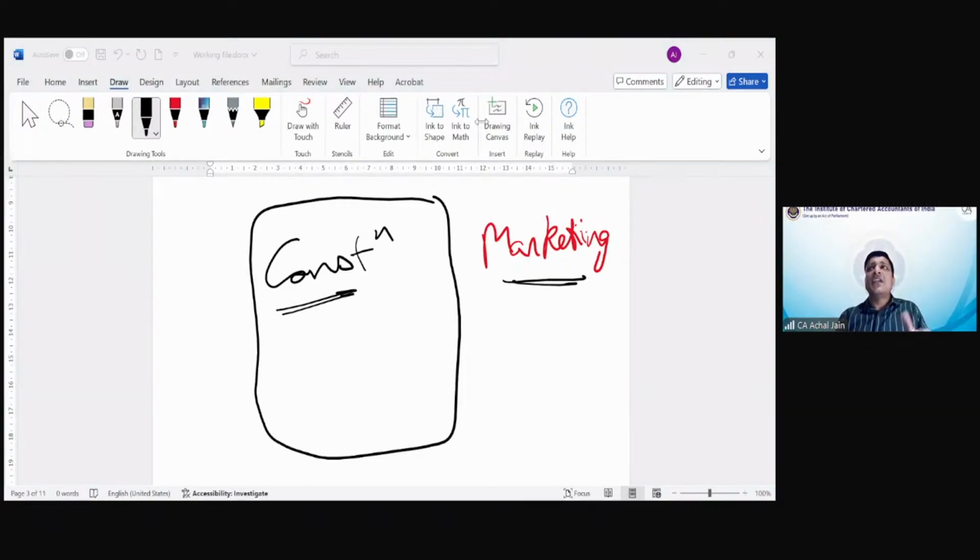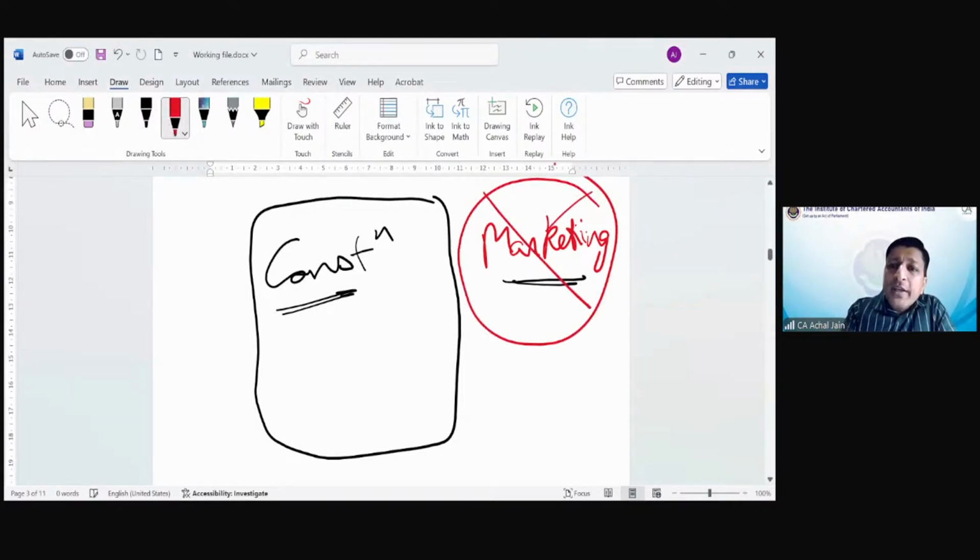Marketing is something which is for the sale, which is for the promotion. So that's why any such cost, you will not include with the cost of the construction. With the cost of the construction, you need to just simply apply one principle. What principle will that be?